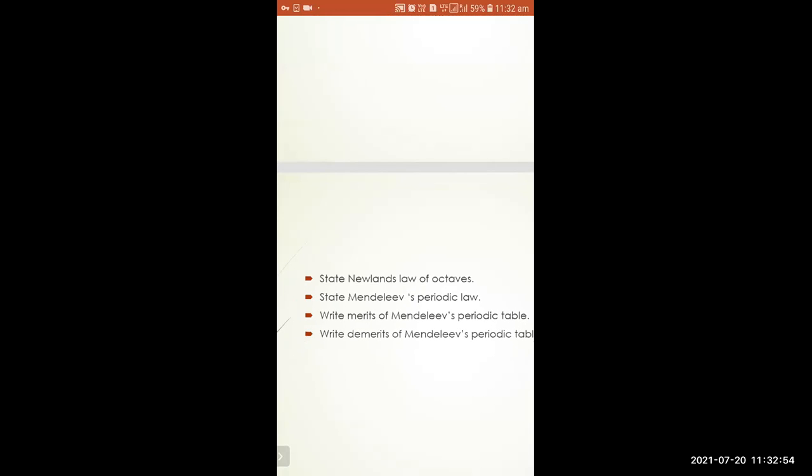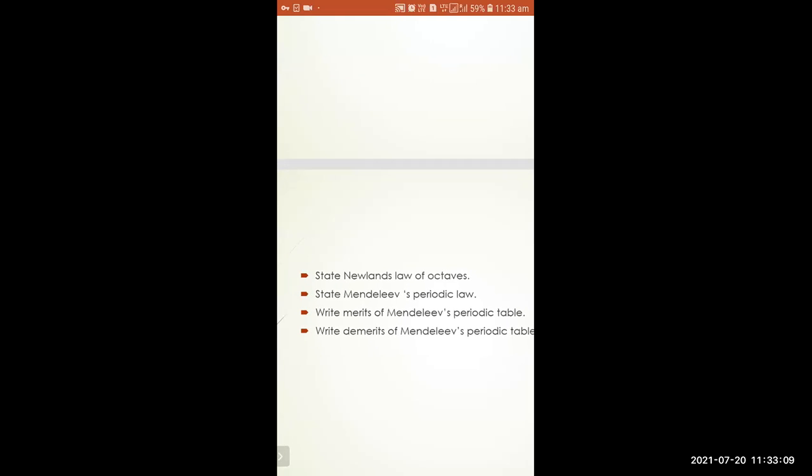Very good. Then, would someone tell me Mendeleev's periodic law? Mendeleev's periodic law states that the physical and chemical properties of elements. And how he has arranged the elements in the periodic table?